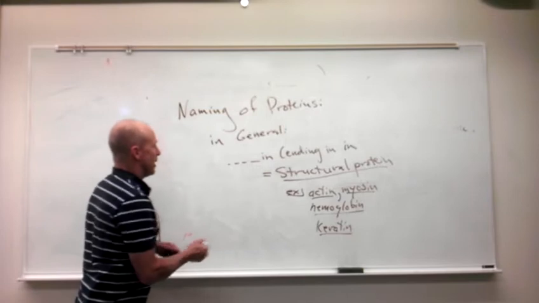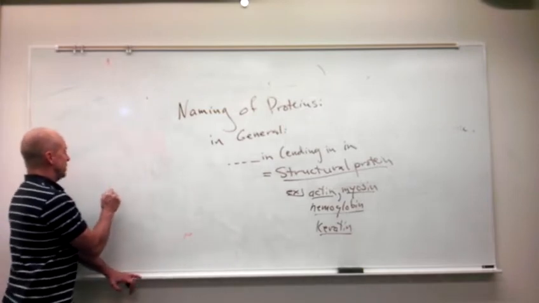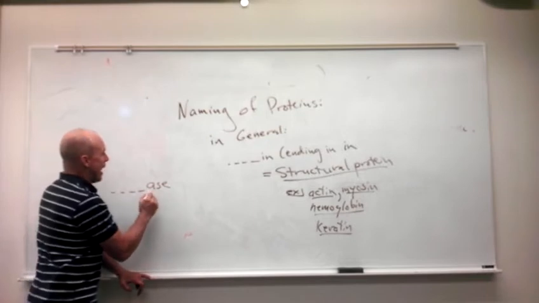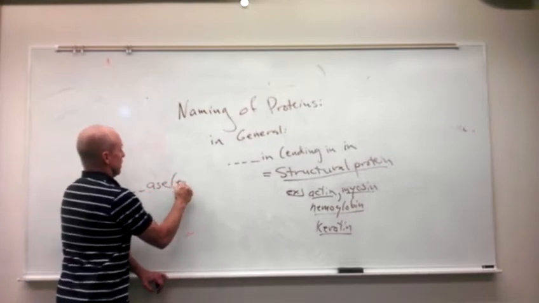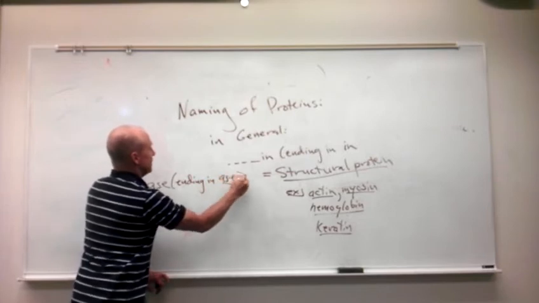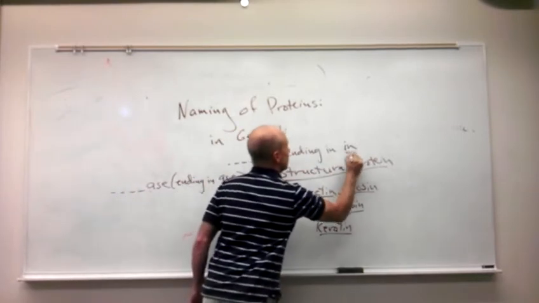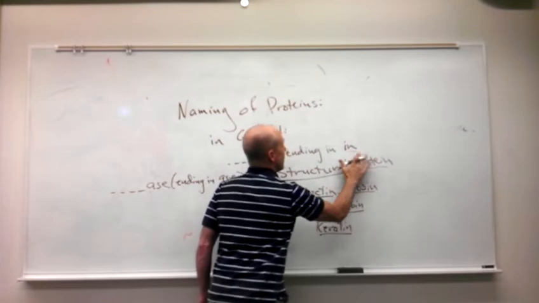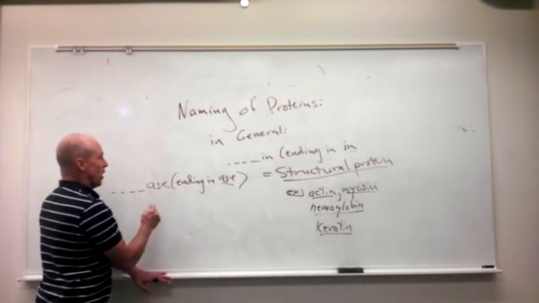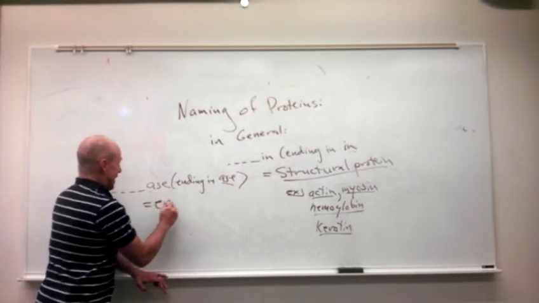On the other hand, if we have proteins that end in ACE, so that ACE ending, these guys are special. Let me put an underline under that. That looks kind of crazy. So ending in ACE, these ones are equal to enzymes.